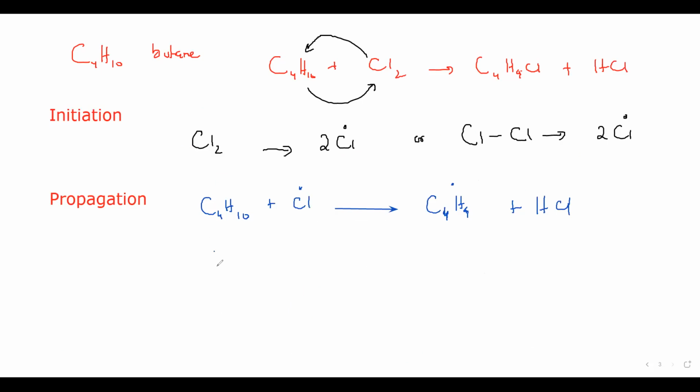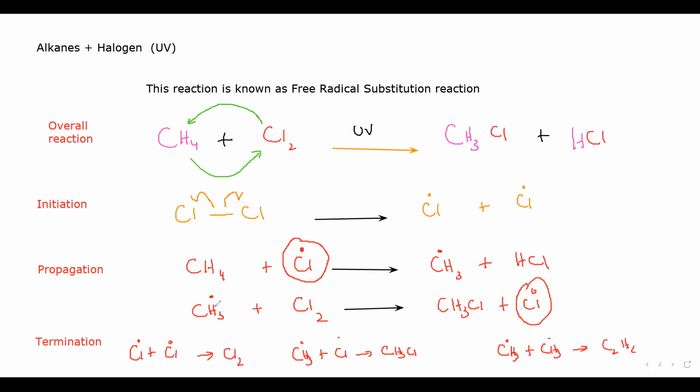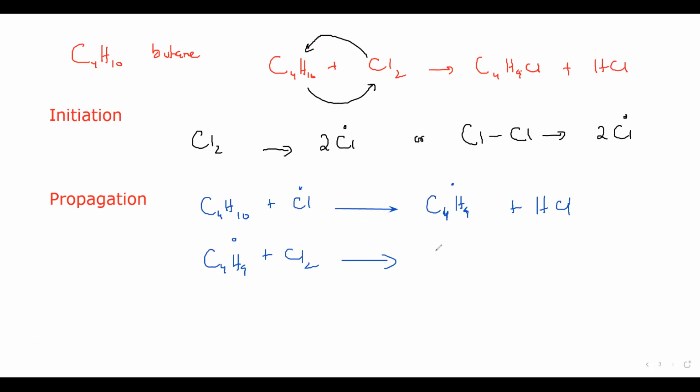And this C4H9 radical reacts with another chlorine molecule. What does it result in? It results in the formation of C4H9Cl plus chlorine radical.